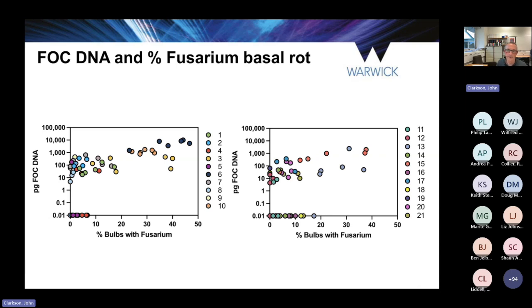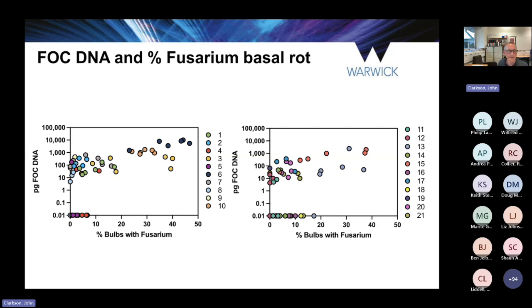Here we see graphs, which we divided into 2 for a bit more clarity, showing the amount of pathogen DNA that we detect on the y-axis and the percentage of bulbs that went on to develop Fusarium.